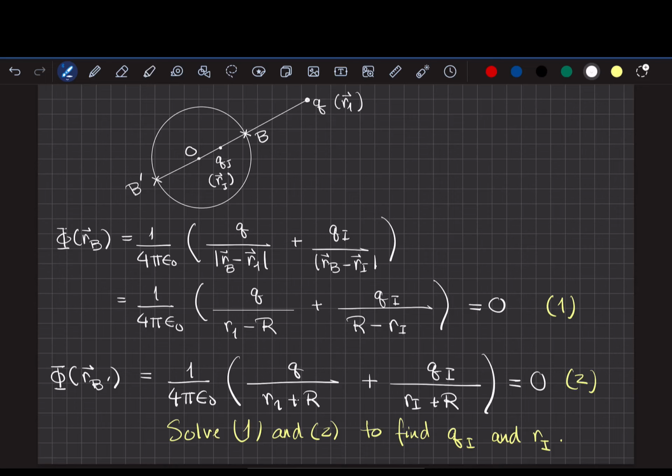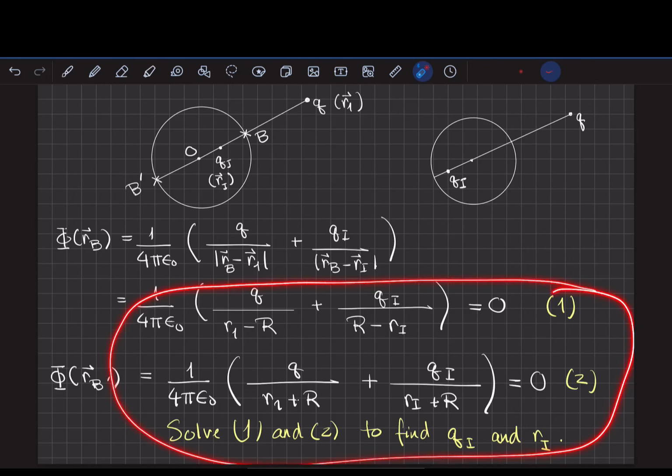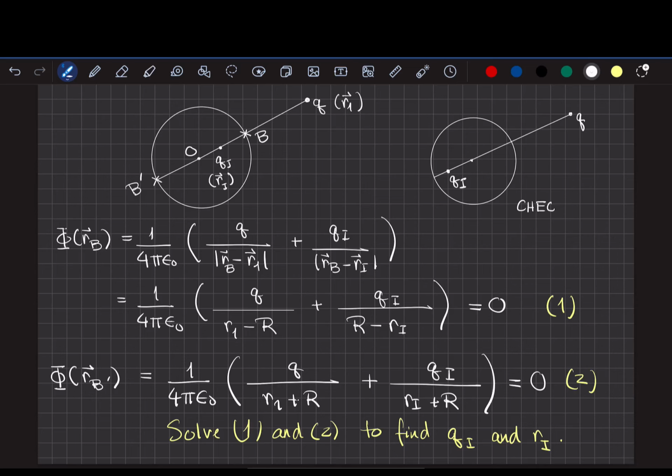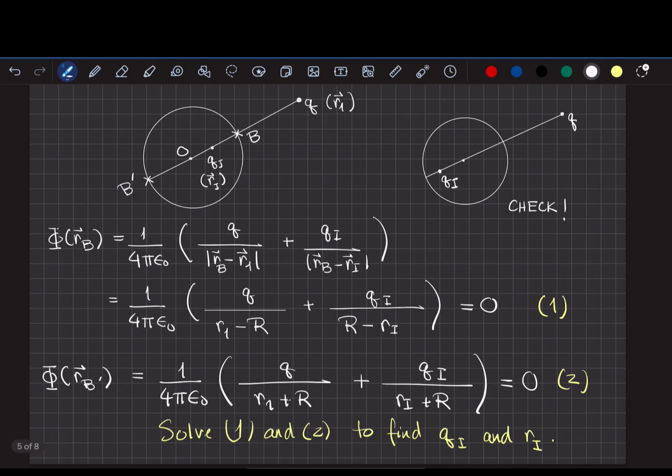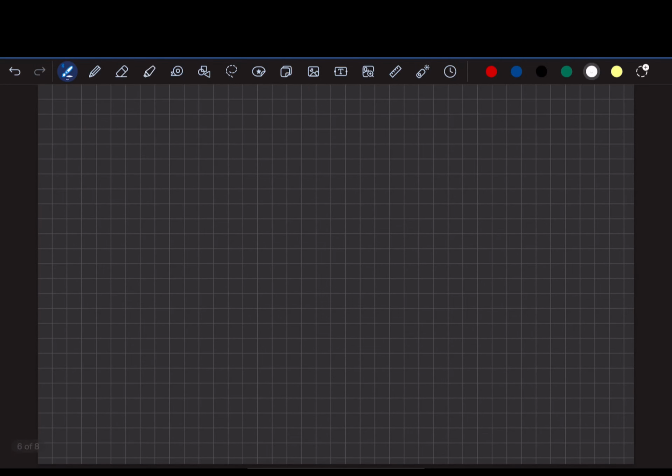But the important thing to notice here is that if we had taken our Qi somewhere else, and you can check this yourself, we would still get these two equations. Check that we would get the same equations for Qi and Ri.